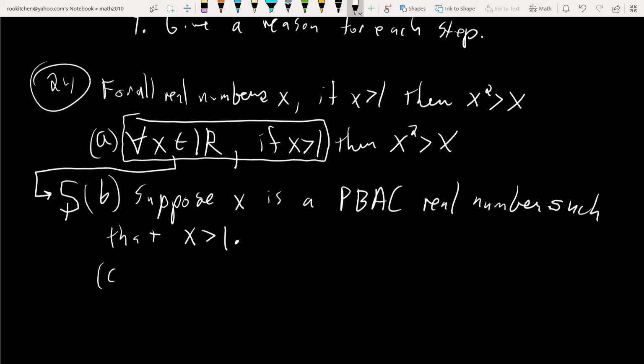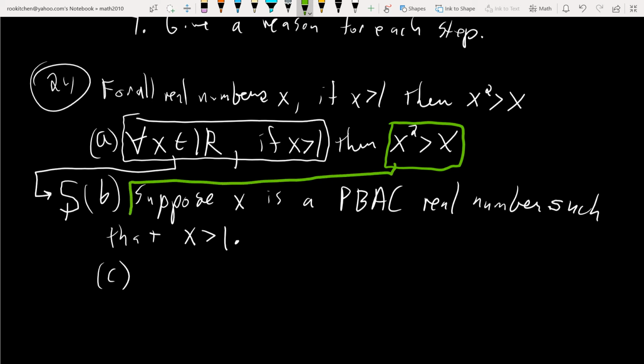Where do you want to end up? Well, you want to end up right here. So that's hopefully going to be your conclusion. Our conclusion will say something like therefore, or it follows that x squared is greater than x.